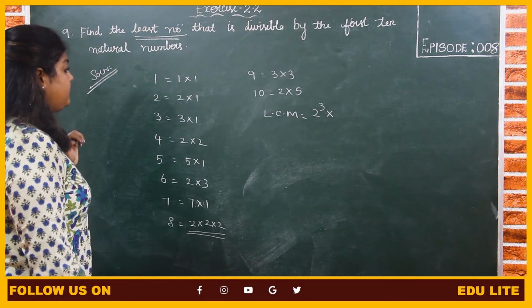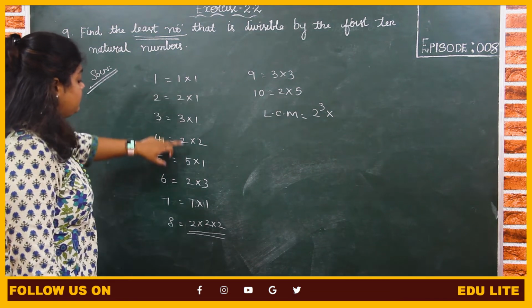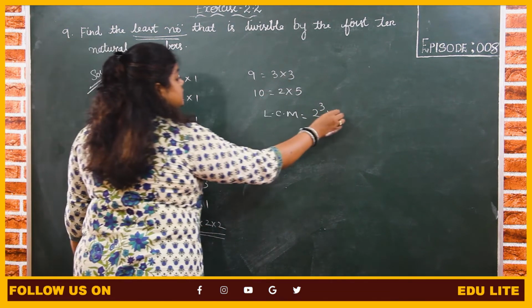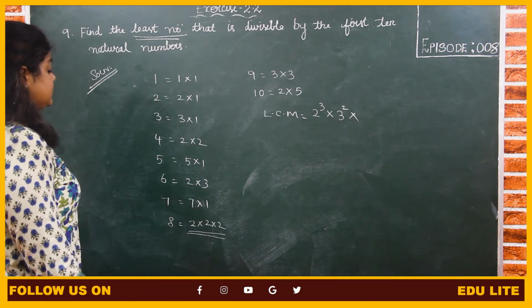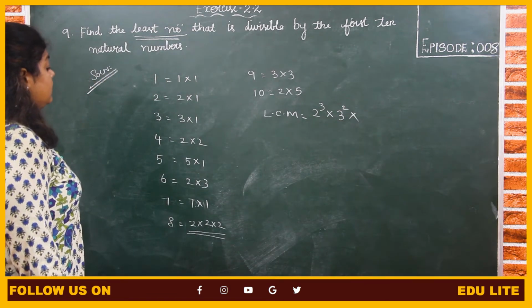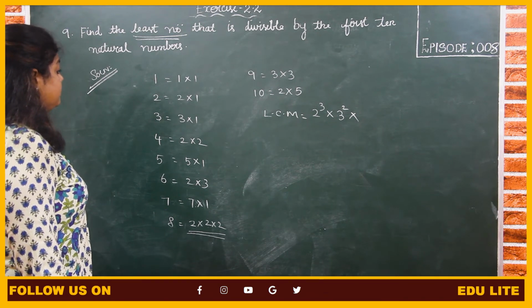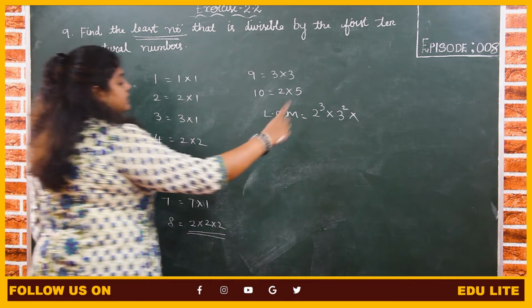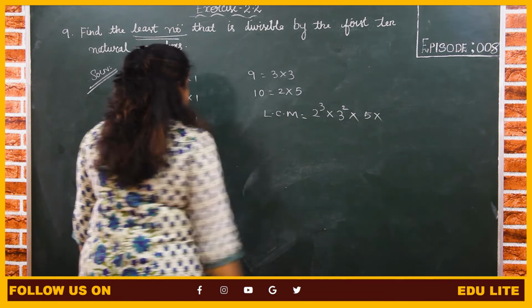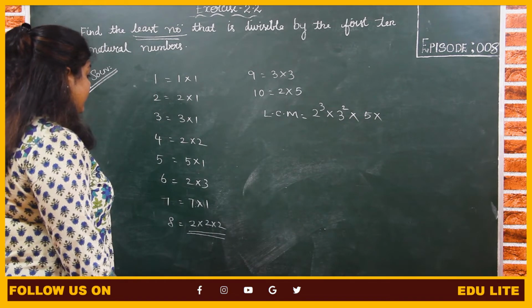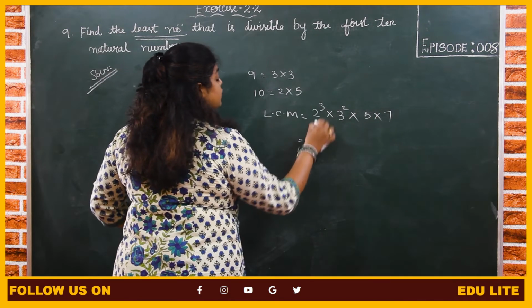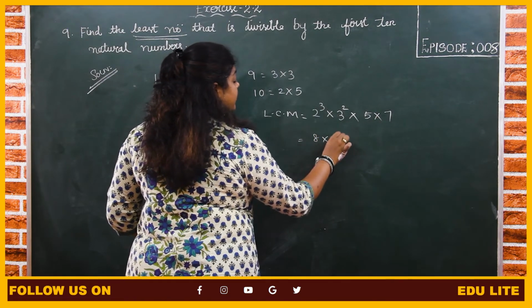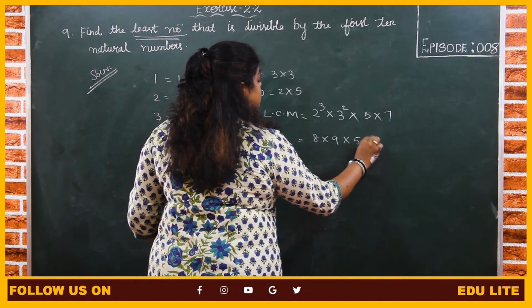Next prime number is 3, and the highest power is 3 square. So we consider only the greatest exponent. Next is 5, which is power 1 everywhere. Next prime number is 7, also power 1. So simplifying, 2 cube is 8 into 3 square, 9, into 5 into 7.